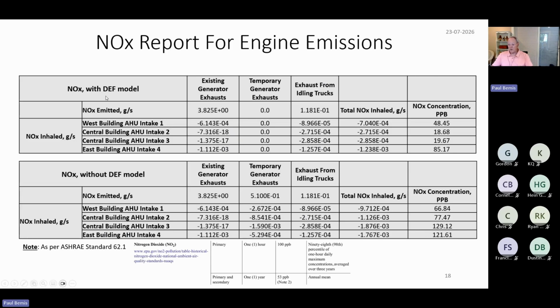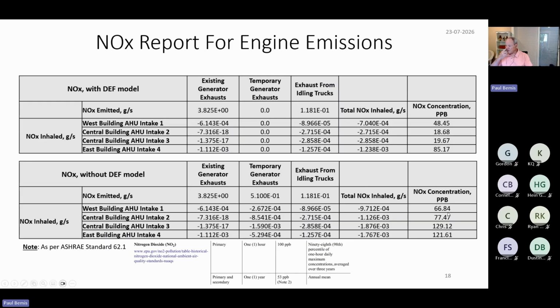This is with the diesel exhaust fluid model, and this is without the diesel exhaust fluid model. The existing generators are shown here with their exhausts, and from idling trucks are here as well. So we have total concentration.